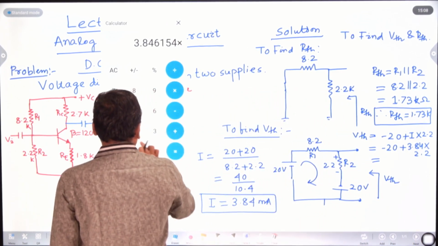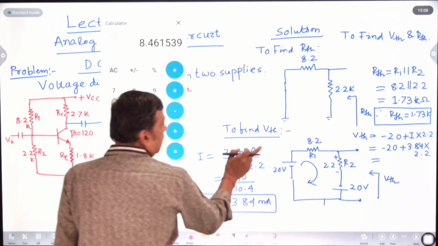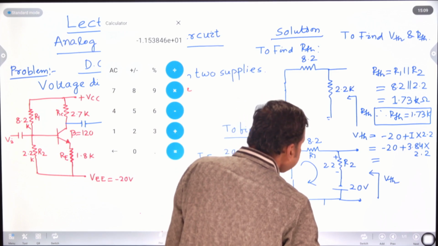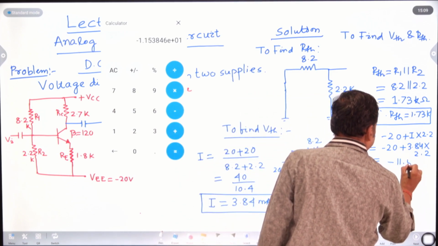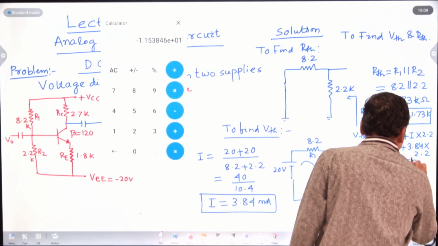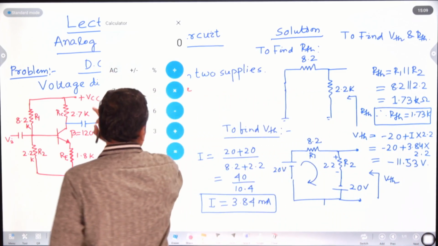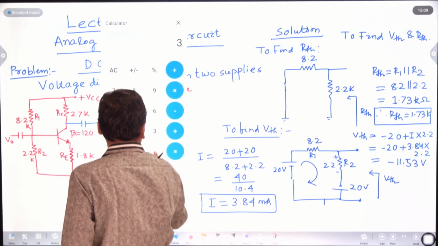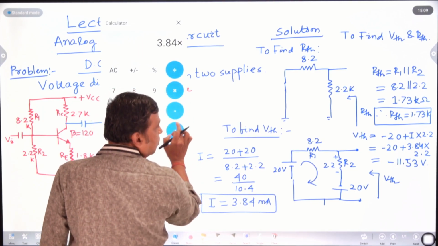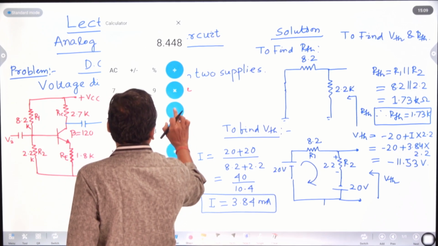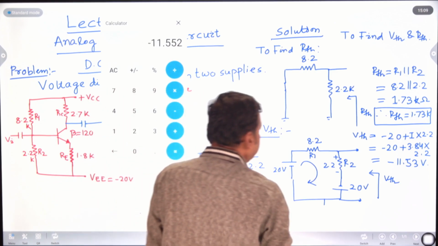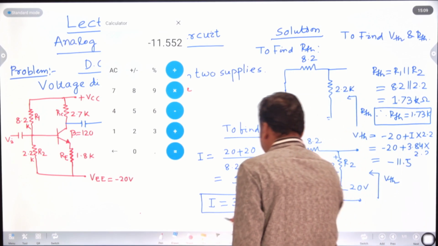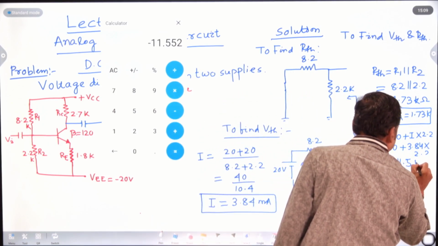And the value is how much here? 3.84 into 2.2, and that is minus 20, and minus 20, the value is what? Minus 11.55 volt.